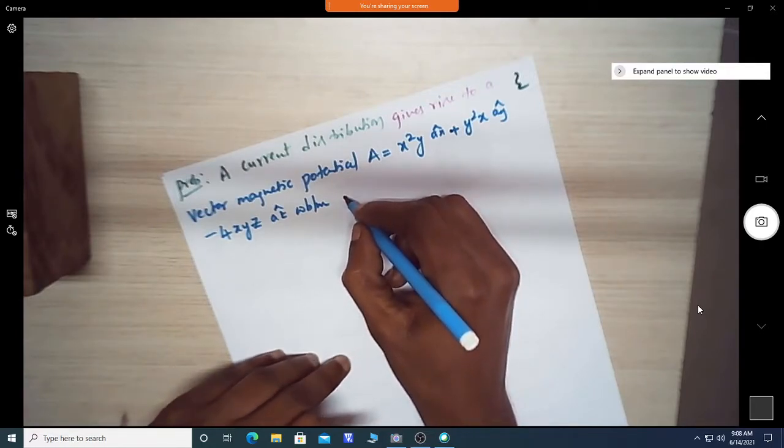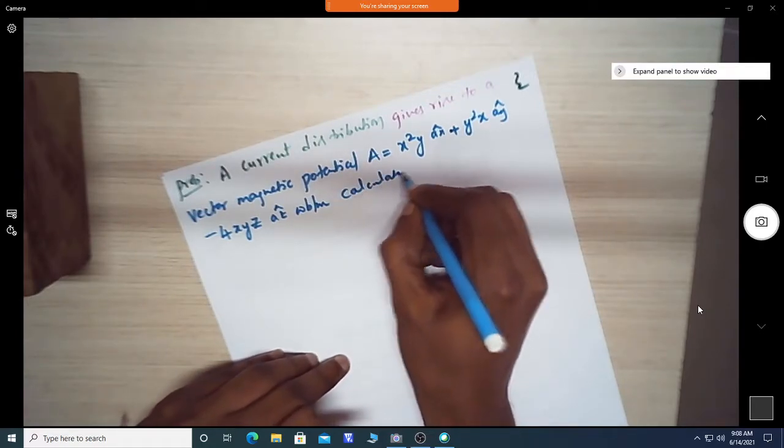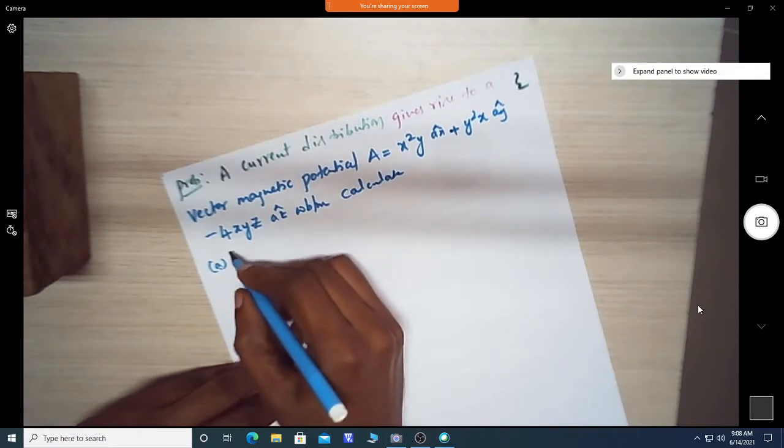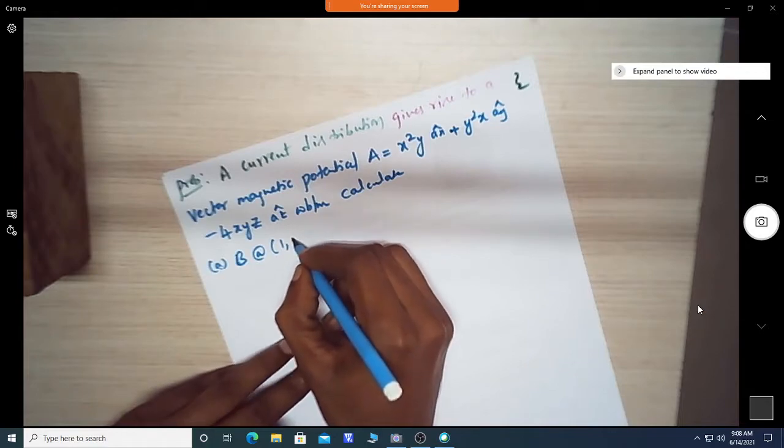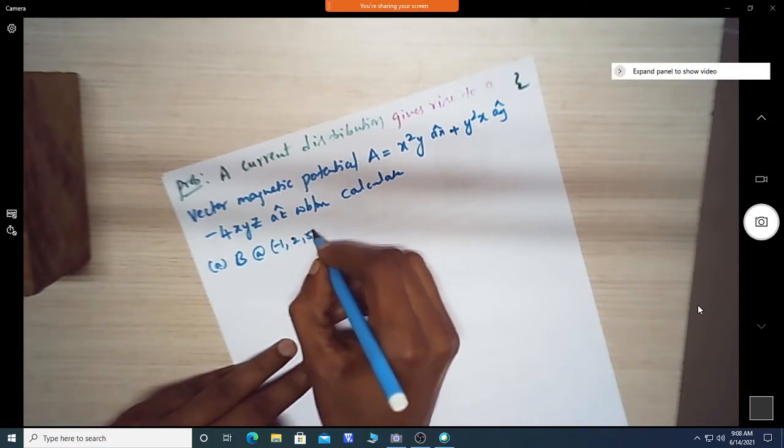So now we need to calculate, the first one, the magnetic flux density at point 1 comma minus 1 comma 2 comma 5.